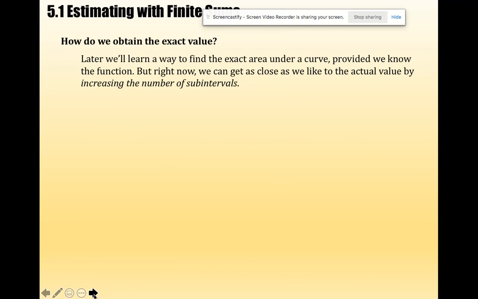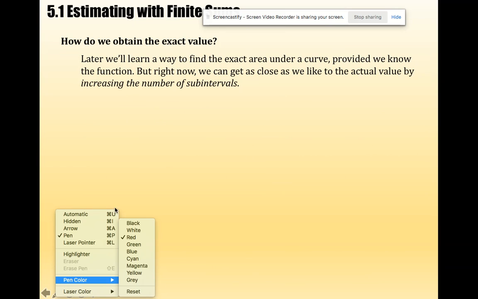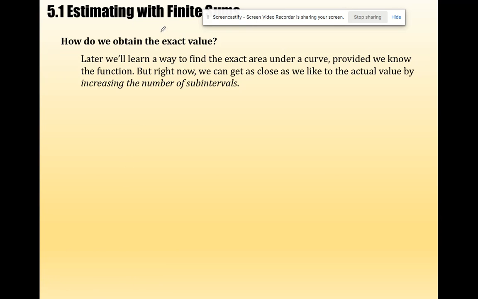So how do we obtain the exact value? Well, that's calculus, right? Exact takes calculus, and I think you can see where we're going. More and more rectangles, more and more chops of the interval. What's the L word that goes with that? Limit.